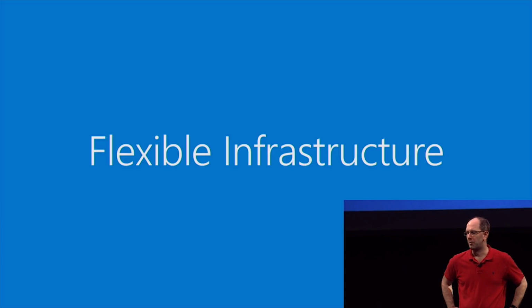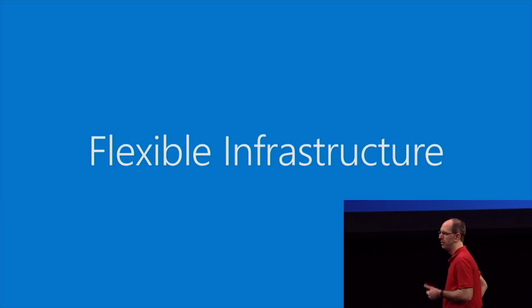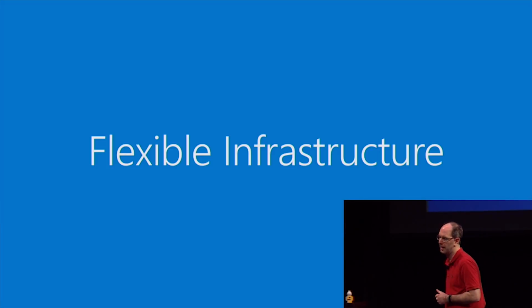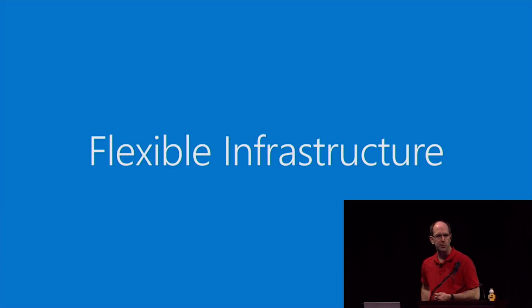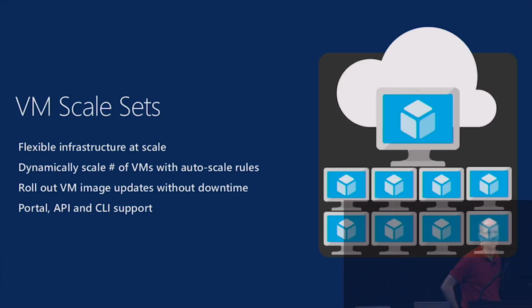What I thought I'd do instead is focus on some new stuff, given a lot of people in the audience here have used Azure or at least seen Azure in some way, shape, or form, and talk about a cool capability that we released last year that is particularly well suited for when you want to build large sets of infrastructure in the cloud, and has a bunch of really cool capabilities that I thought we'd show off.